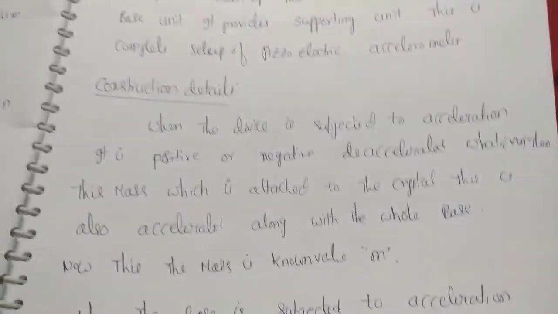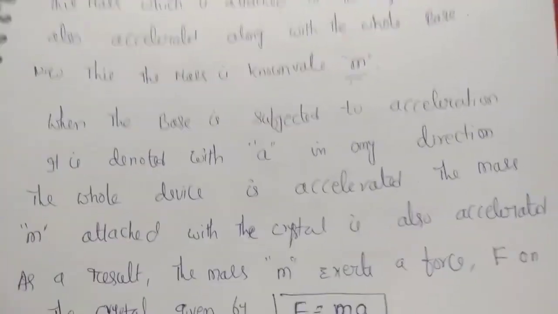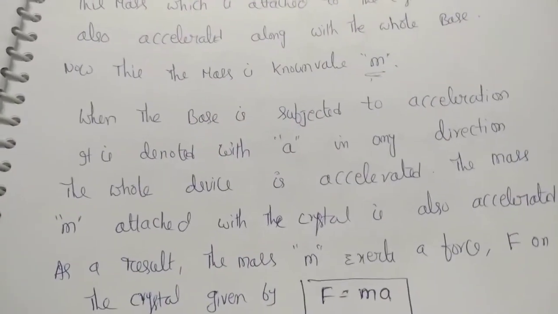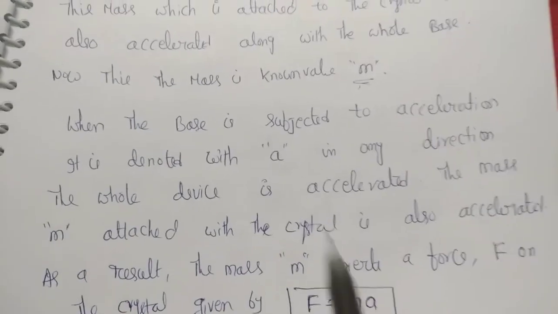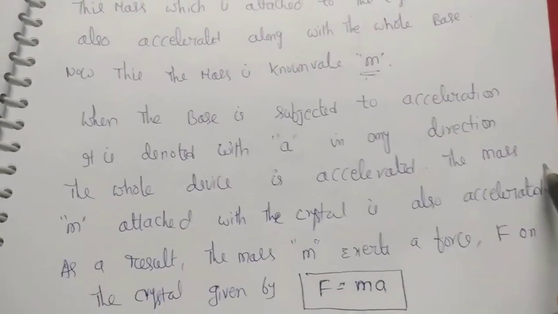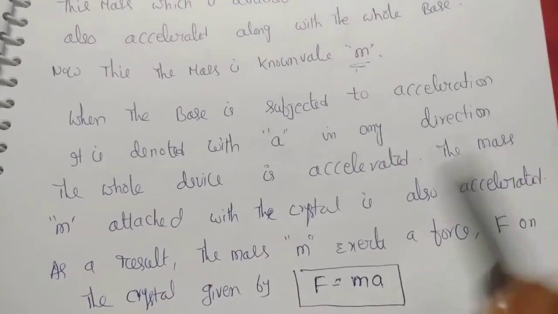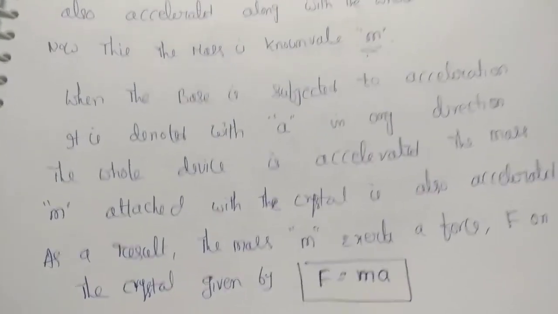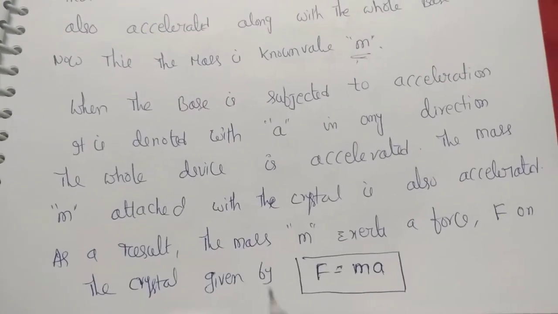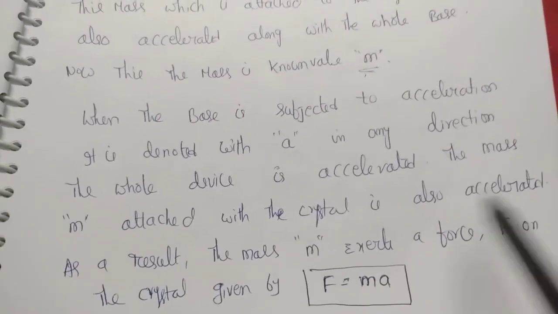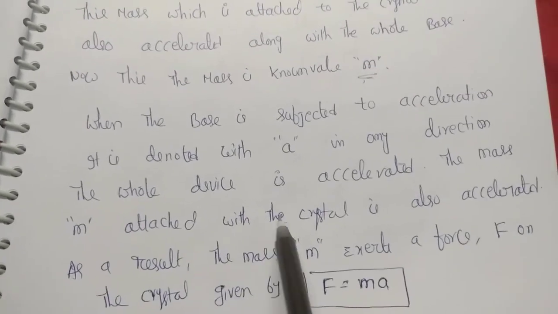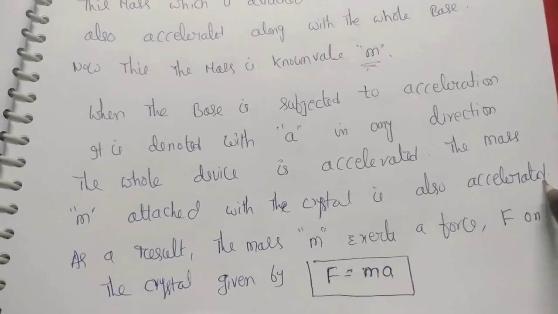Okay. So now the mass of the unit is a known value, m. When the base is subjected to acceleration, denoted with the letter a, in any direction, positive or negative, the whole device is accelerated, and the mass m attached to the crystal is also accelerated.